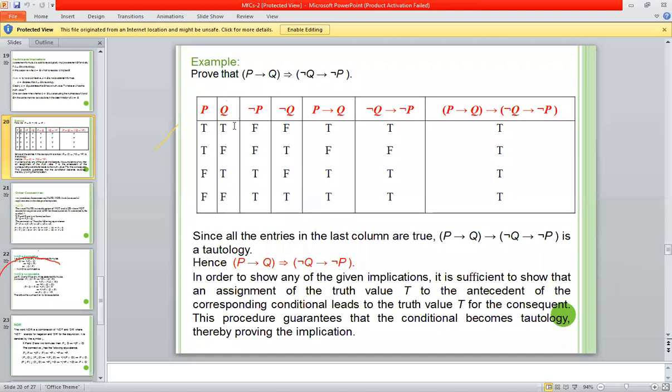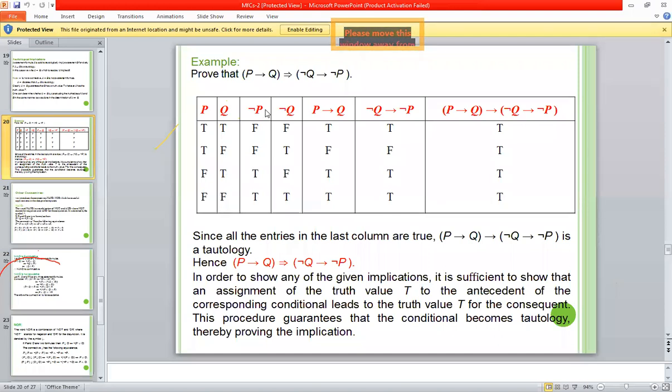Considering here we have two variables P and Q. P having truth values true, true, false, false, and Q having truth values true, false, true, false.